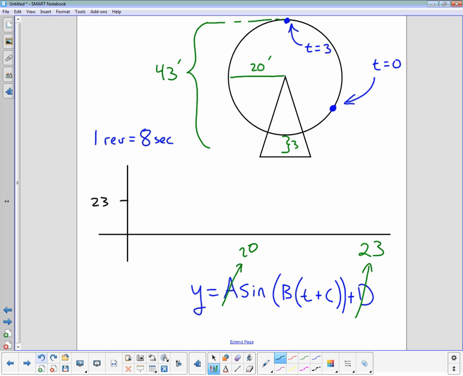Here's why. Because the lowest my wave is going to go is 3 feet. The highest is... So I need to be... Okay.